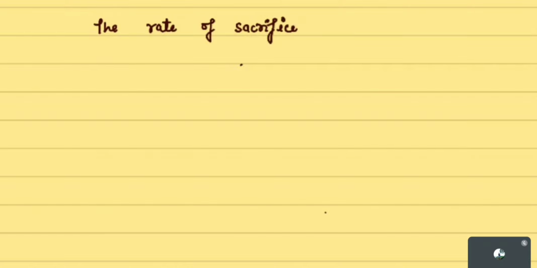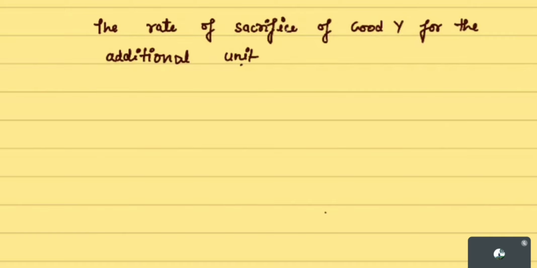So your MRS represents the rate of sacrifice of good Y for the additional unit of good X. So your MRS XY by definition is equal to the rate of sacrifice of good Y for the additional unit of good X.